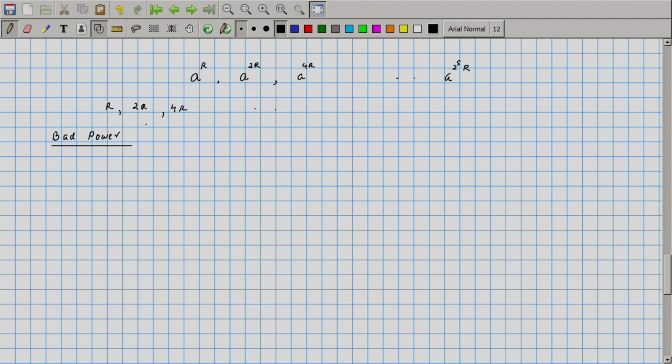So the definition of a bad power is, so we will say that s is called a bad power if there exists an x such that x to the s is equal to minus 1 mod n. So look at x to the power s, all these computations carried out in mod n.